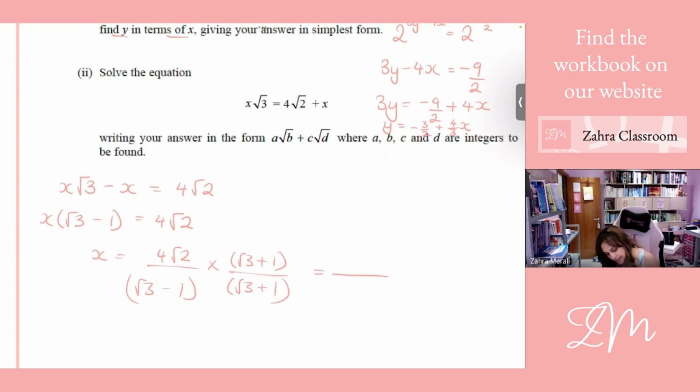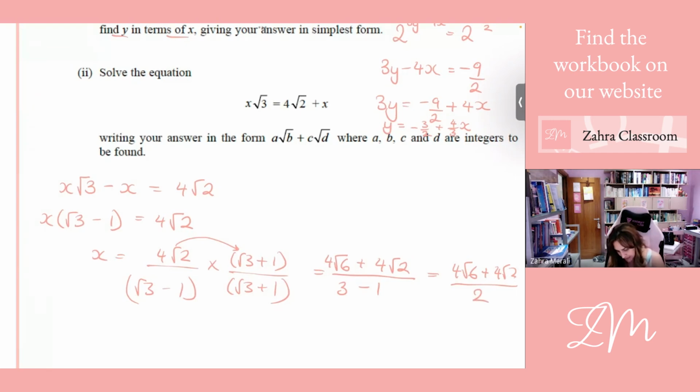My denominator is going to be the square of the first, so 3, minus the square of the second number. And here I'm going to have 4 root 2 times root 3. So it's going to give me 4 root 6 plus 4 root 2. Okay, so I've got 4 root 6 plus 4 root 2, all divided by 2.